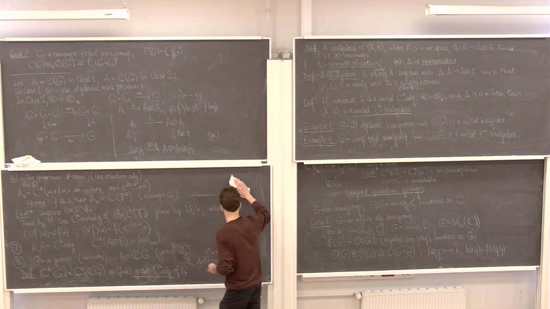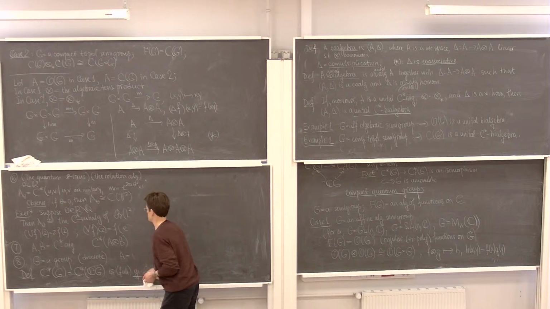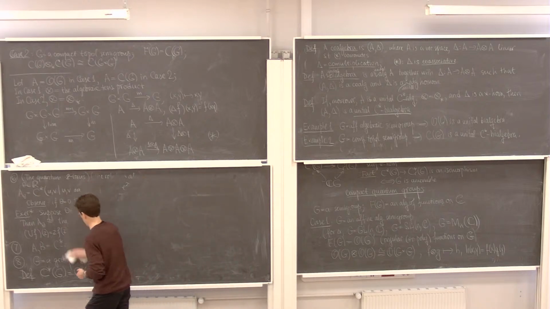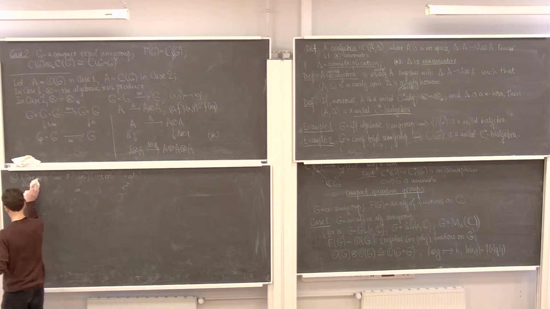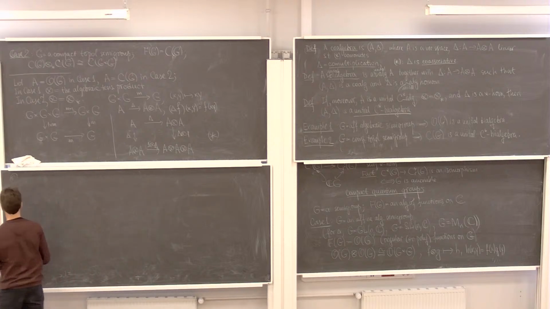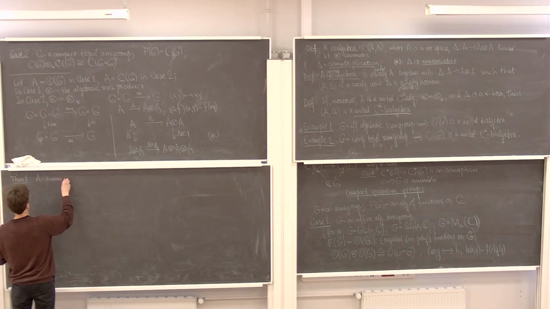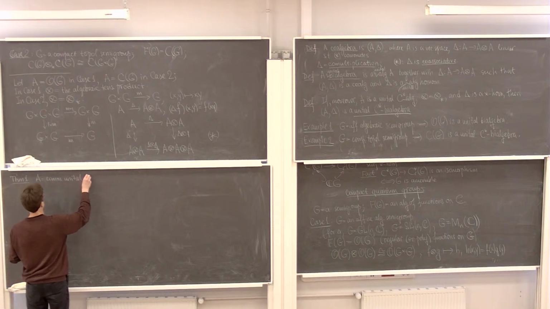Now we have the following simple result, which says that actually this example, example 2, describes all commutative unital C-star bi-algebras. Theorem 1. Suppose that A is a commutative unital C-star bi-algebra.